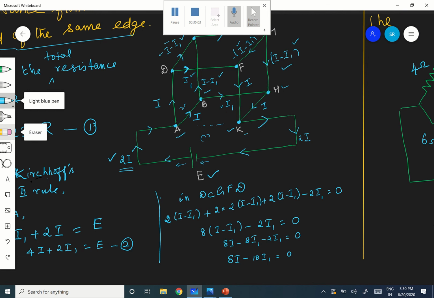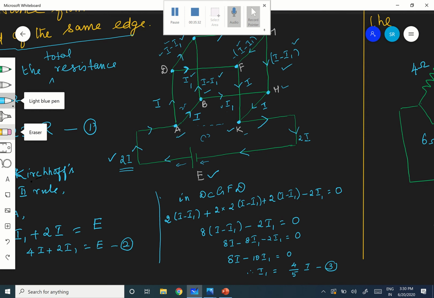Therefore solve for I1: I1 will be equal to 8 by 10, that is 4 by 5 I. So 4 by 5 I, let it be equation number 3. Now what you have to do is, from 2 and 3, what is 2?